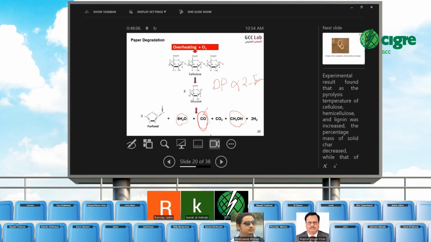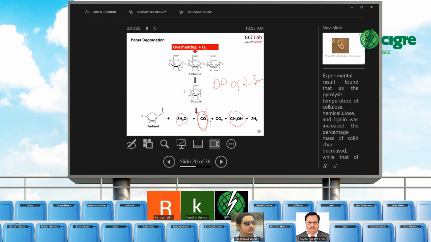This one is called indirect DP value, but there is also a direct DP value. In the critical case, we take around 20 centimeters of the paper which is suspected to have a problem. We take it to the lab and do 3 or 4 tests to give exactly the DP value.